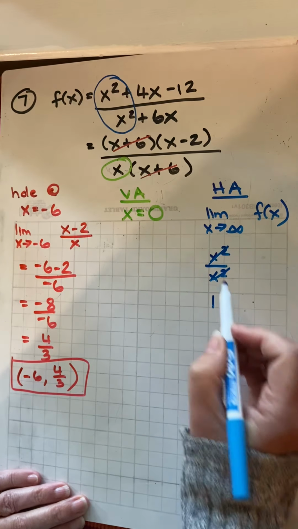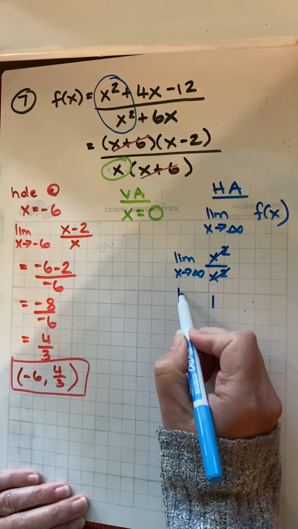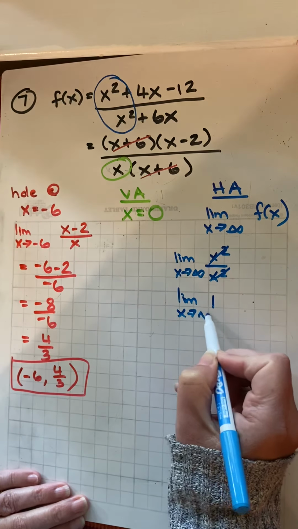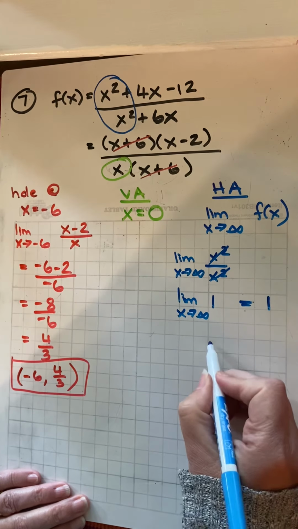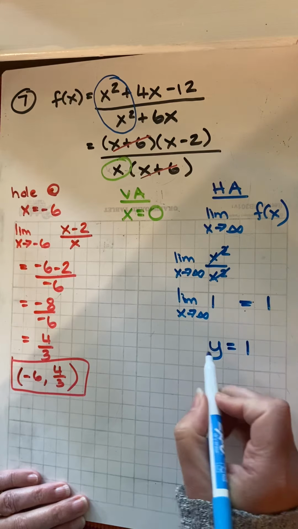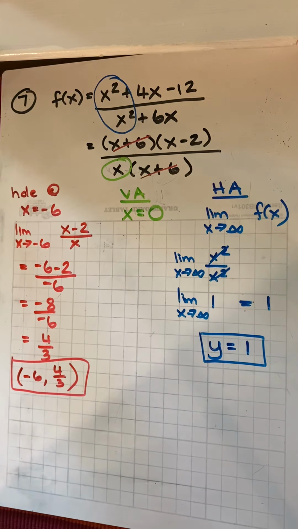And so you can look for the limit as x goes towards infinity of 1. Since there's no x in there, it's just going to be equal to 1. So that's going to tell you that your function is going to tend towards the line y equals 1 as you go towards infinity.